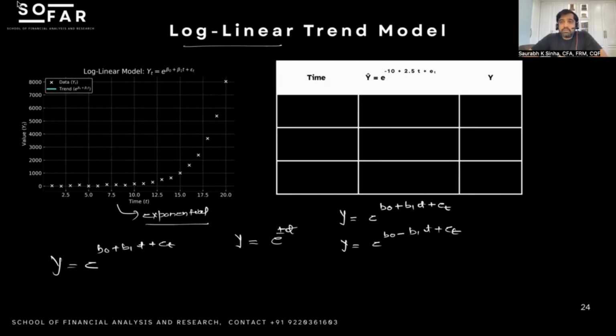What was one of the assumptions of regression that should hold true if you're applying the ordinary least squares method to find your equation? You remember the assumption that we discussed?